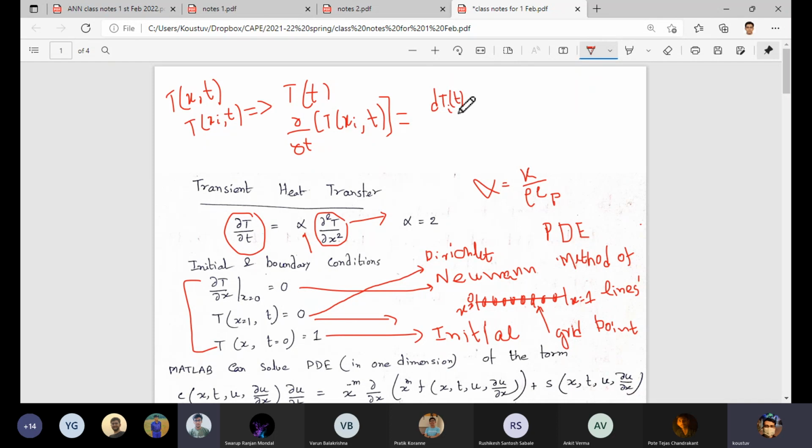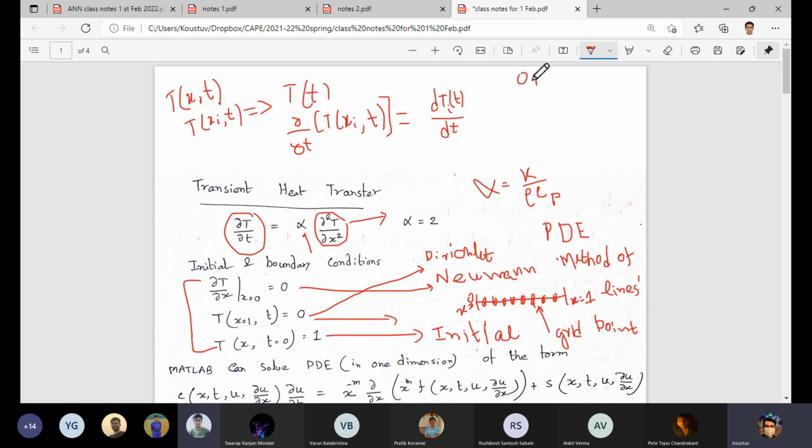So by doing this, the advantage we are getting is that we are making this PDE into a system of ODEs, an initial value problem. The main reason for transferring from this PDE with a combination of boundary conditions and initial condition to a fully ordinary differential equation system with an initial value problem is this.